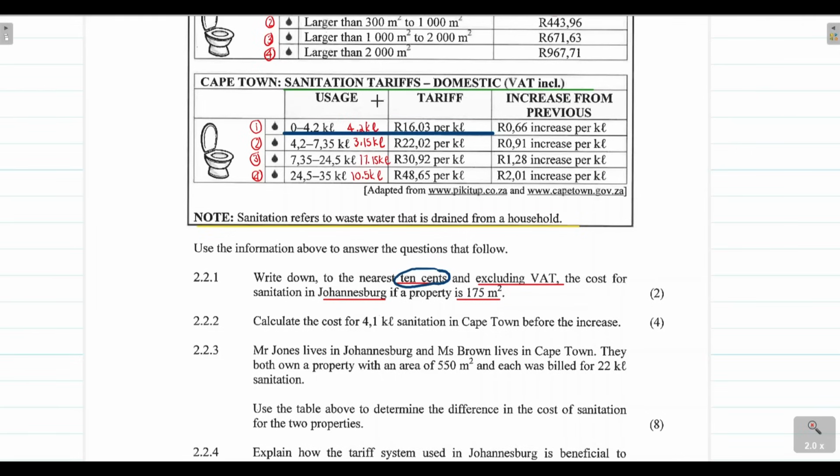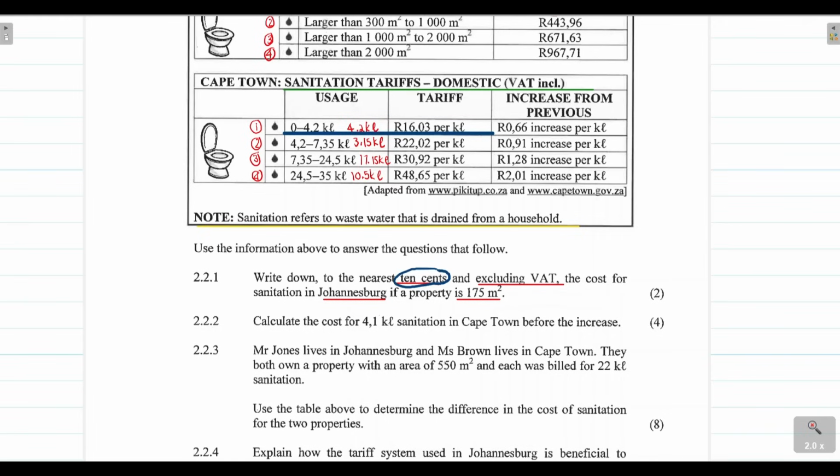We already know that the tariff for water between 0 to 4.2 kiloliters or drainage between 0 to 4.2 kiloliters is equal to 16 rand and 03 cents per kiloliter.